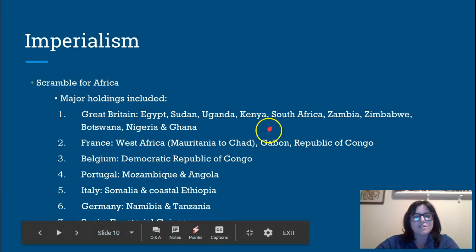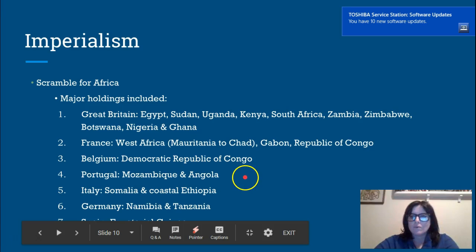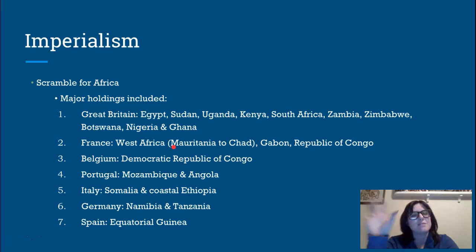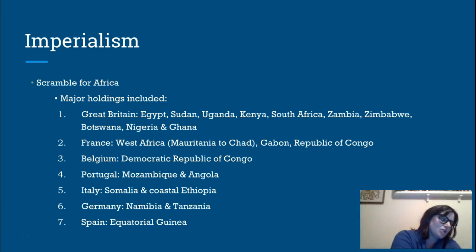This just shows you Great Britain had all of those countries, France had all of these areas, okay? Basically for the same reasons, not so much to spread religion this time, but again it was for resources. The Industrial Revolution had taken place, so you needed a lot of resources to keep your factories and things like that running.